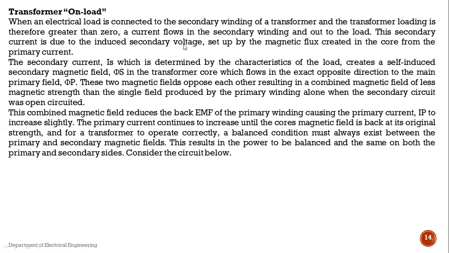Okay, now what will happen when the current I2 is in phase with V2, then we can call it a purely resistive load. When V2 and I2 have some lagging angle, that means the secondary current lags behind the secondary voltage by some angle, then we can tell it may be an inductive load.